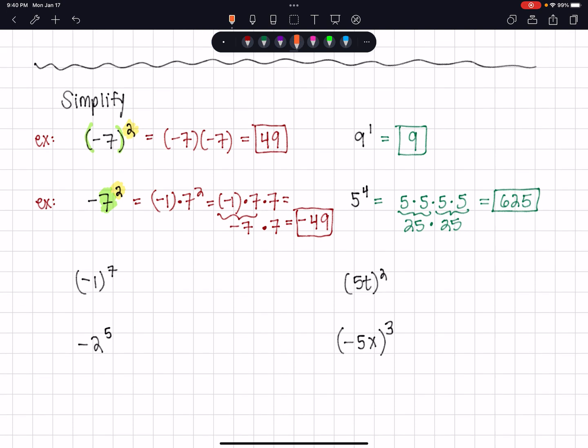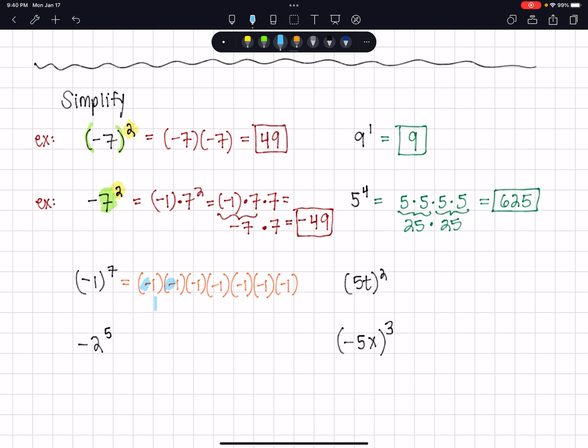(-1) to the 7th power, that's going to be -1 times -1 times -1 times -1, that's 4, 5, 6, 7. 1, 2, 3, 4, 5, 6, 7. -1 times itself 7 times. So we have to be very careful here. This negative times this negative is a positive.